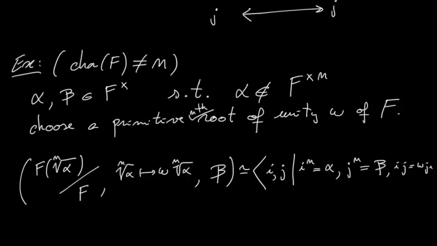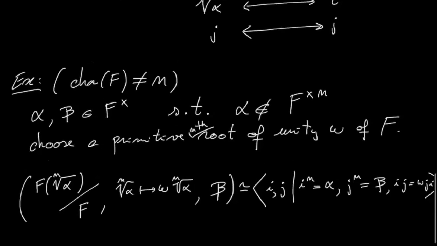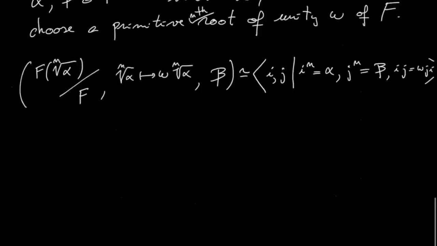It's clearly a generalization of the quaternion algebras that you get in this particular case of cyclic Galois field extensions. So you see that cyclic algebras extend the quaternion algebras.